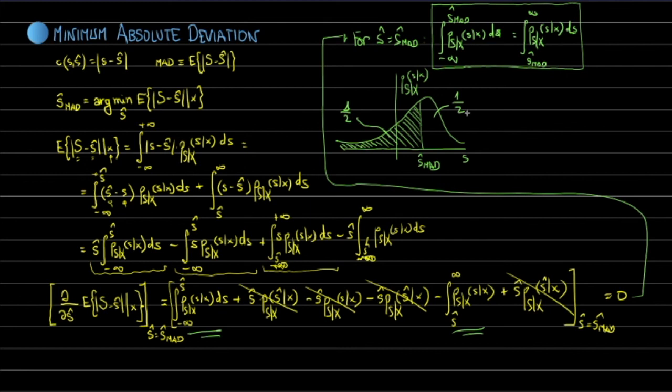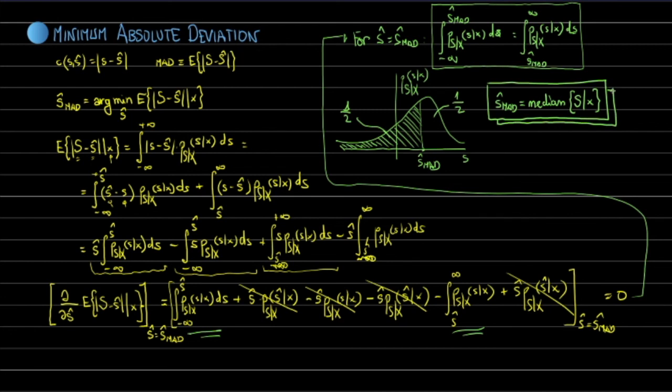Okay, and this point has a name in statistics for any distribution. Any point splitting the distribution into parts with the same area has a name. It is the median of the distribution. So SMAD is the median of S given X, or the posterior median of S. Okay, and that's the solution.